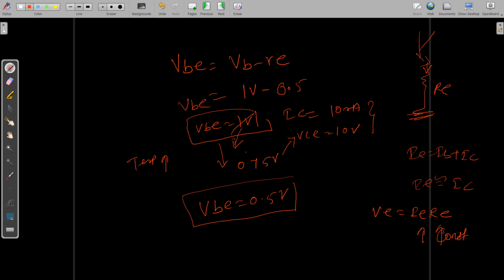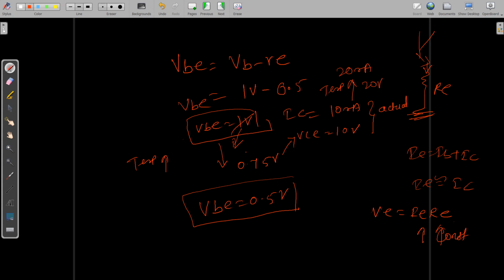Now, how does it affect me? What did I say earlier: you start your explanation like, you have a VB of 1 volt, you got IC of 10 milliamps and VC of 10 volts. Now because of the increase in temperature, your output got shifted to, let us say, 20 milliamps and 20 volts. This is because the temperature increased. This is what we actually wanted to avoid.